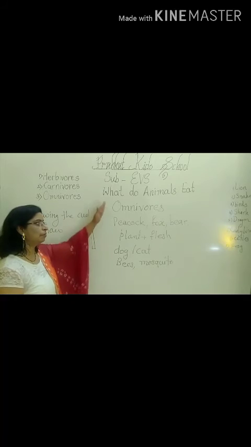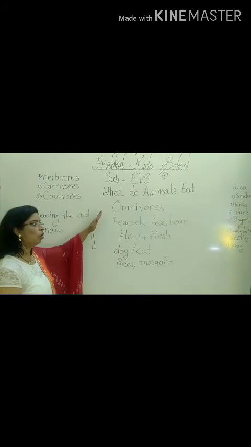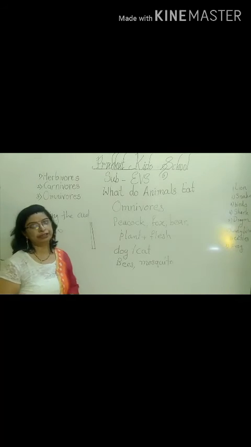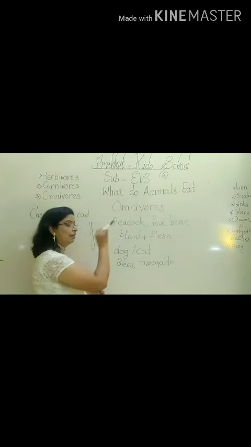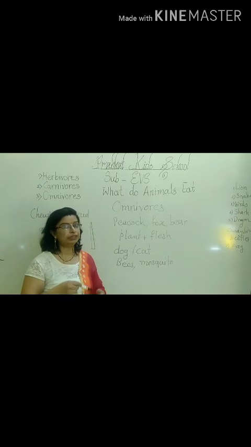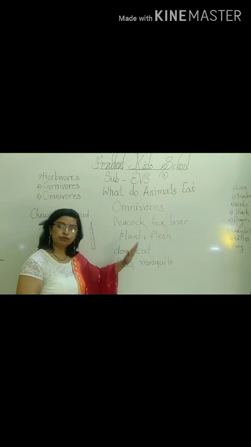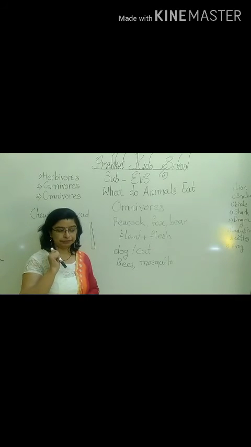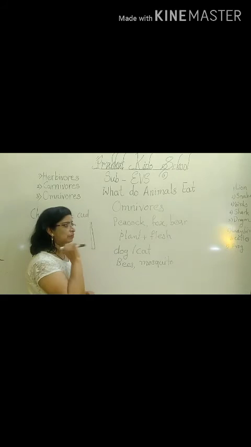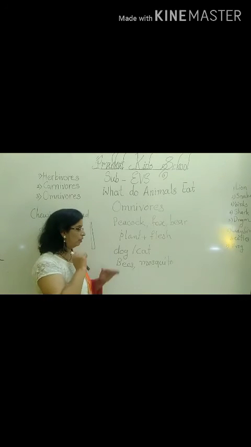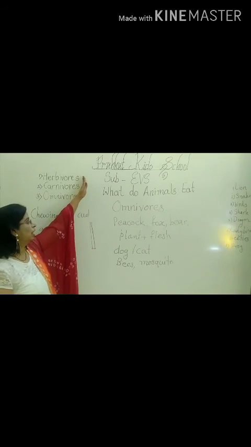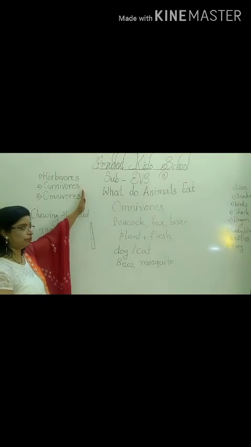Now see students, apart from this, all animals need water also. They eat food, but with the food they need water also, and all animals get water from their surroundings. So this is about our chapter. Once we recall it: herbivorous, carnivorous and omnivorous.